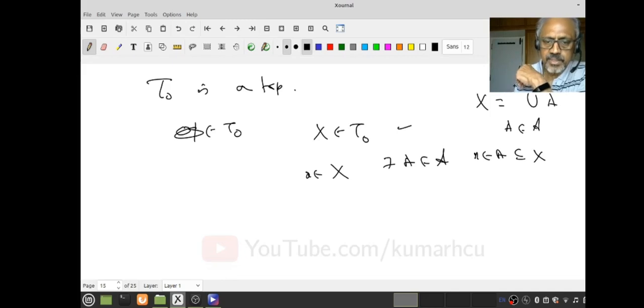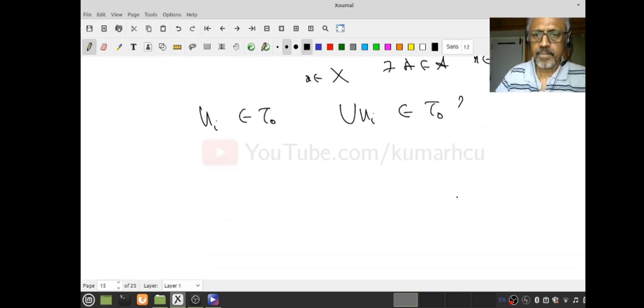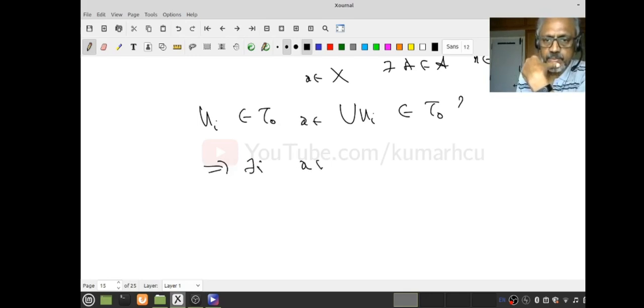Now let's take an arbitrary collection. Let U_i be a collection in tau naught. Then I want to know whether the union of U_i is in tau naught. How do I prove that? Start with any X. That means there exists an i such that X belongs to U_i. But then what do I know? U_i belongs to tau naught. If U_i belongs to tau naught, X is an element, there exists a subcollection A1 to AN in script A. This N may vary.